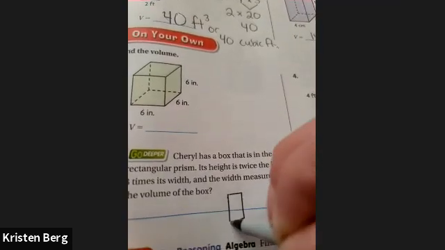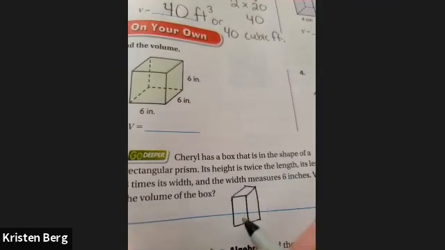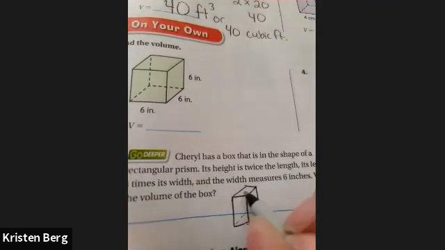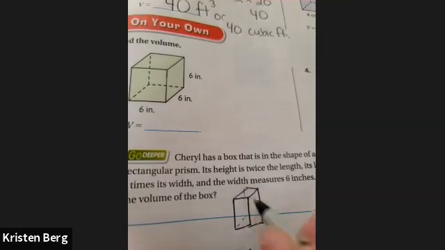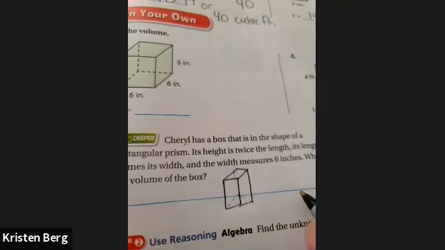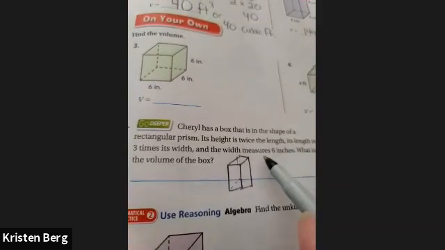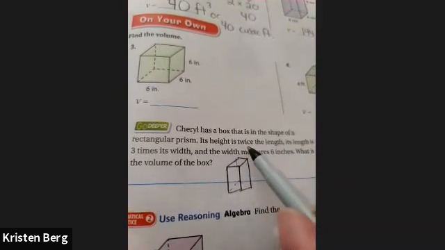All right, so let's talk about this. It says that she has a box. So I'm just going to quickly make a box here so that I can kind of see what is going on. All right, so here is my box. Now it gives us the height is twice the length.